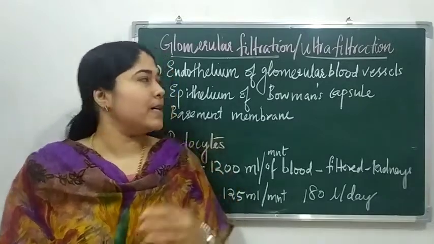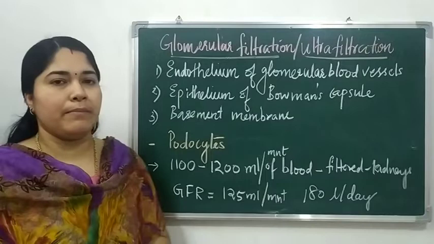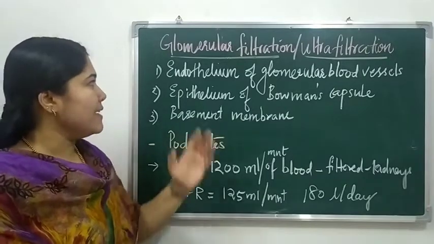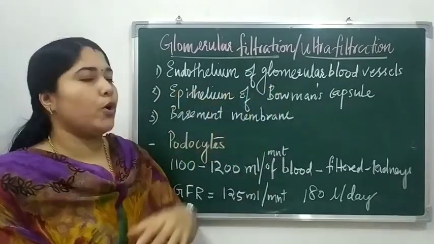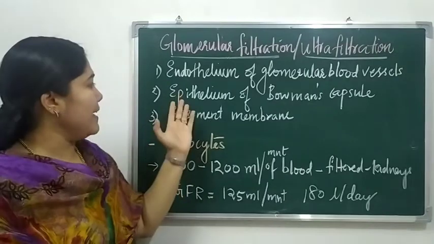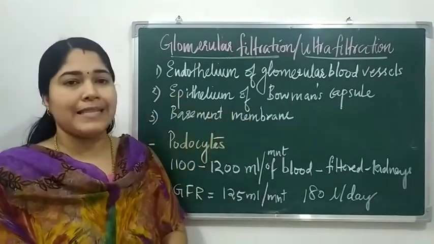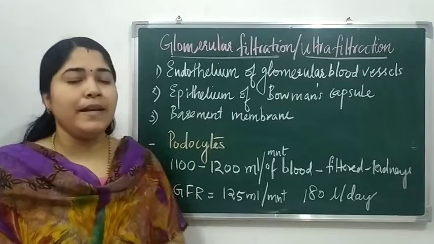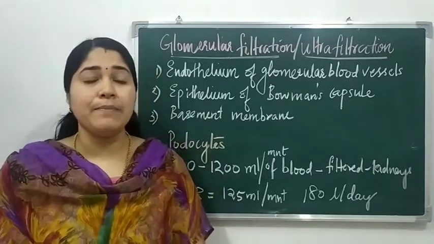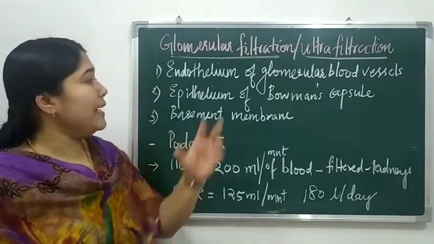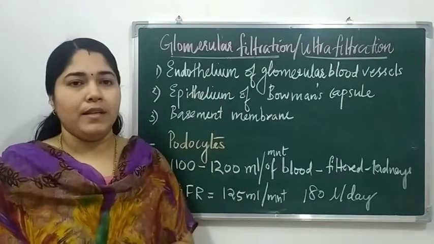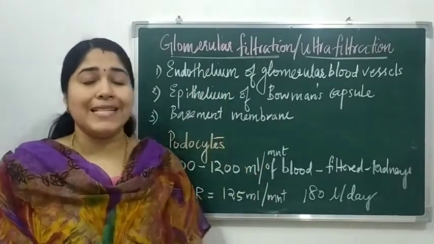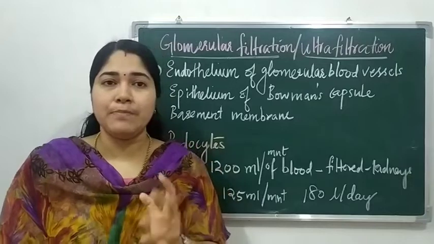The filtrate passes through three layers of the membrane: the endothelium of the glomerular blood vessel, the epithelium of the Bowman's capsule, and the basement membrane, which is present in between the two membranes.